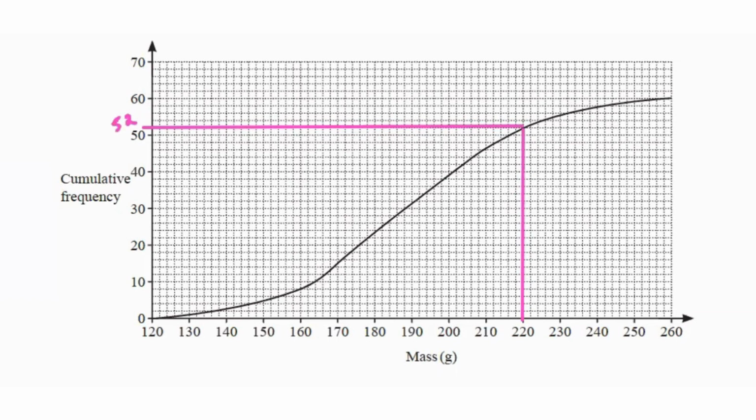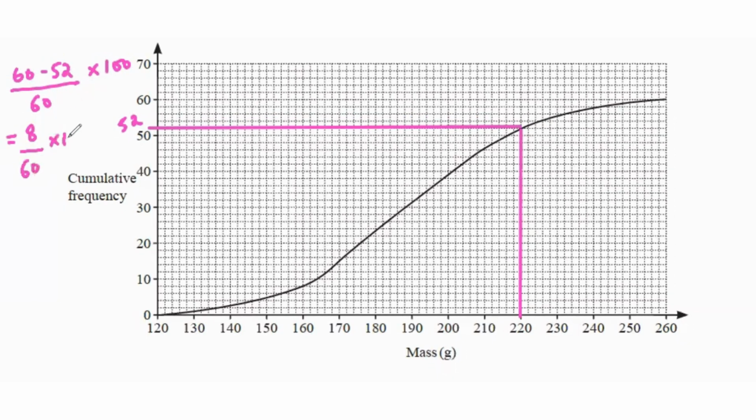So we do 60 minus 52 over 60 times 100. 60 minus 52 is 8. 8 over 60 times 100. And that is going to give us 13.3%. That is your answer.